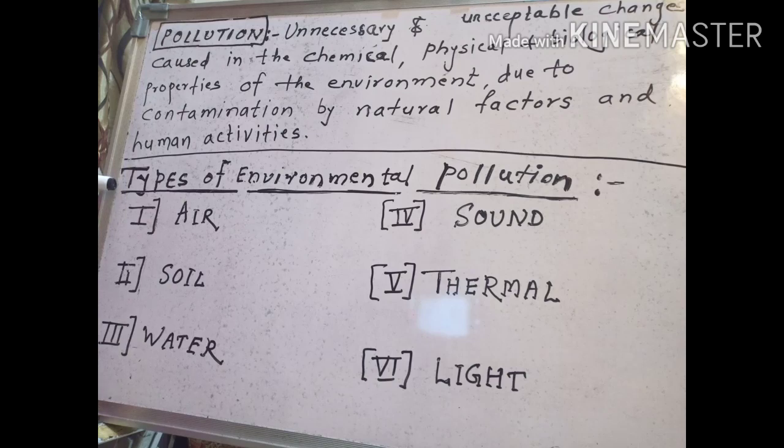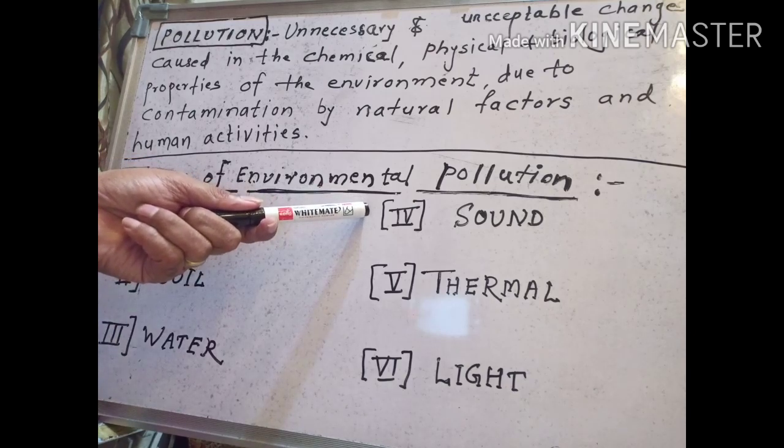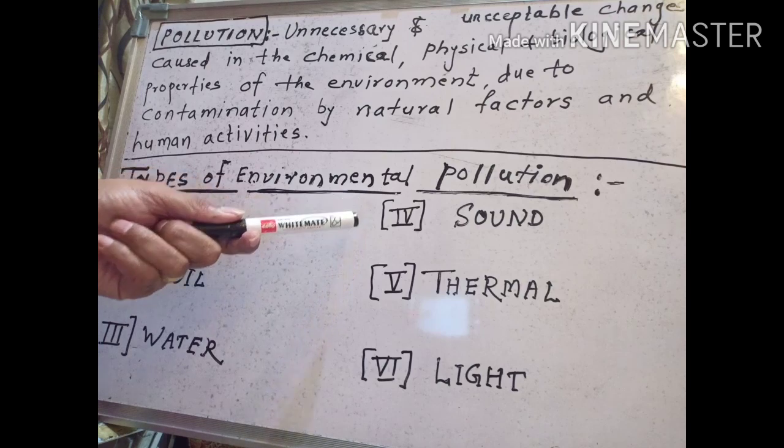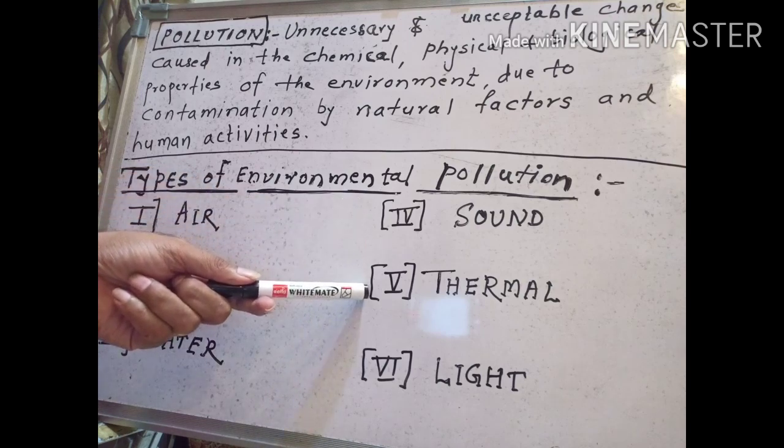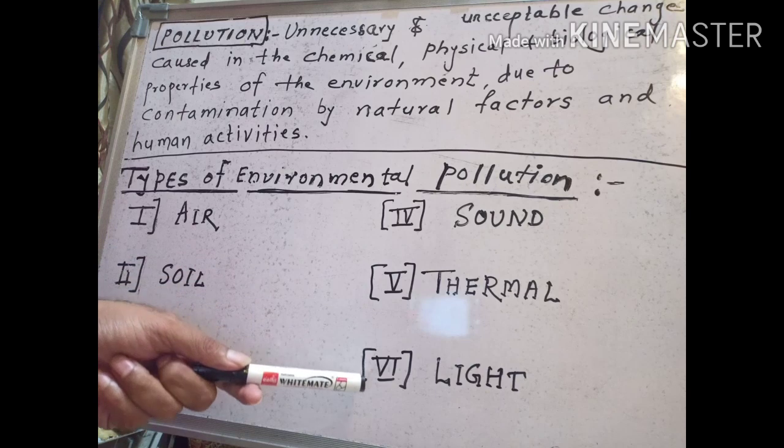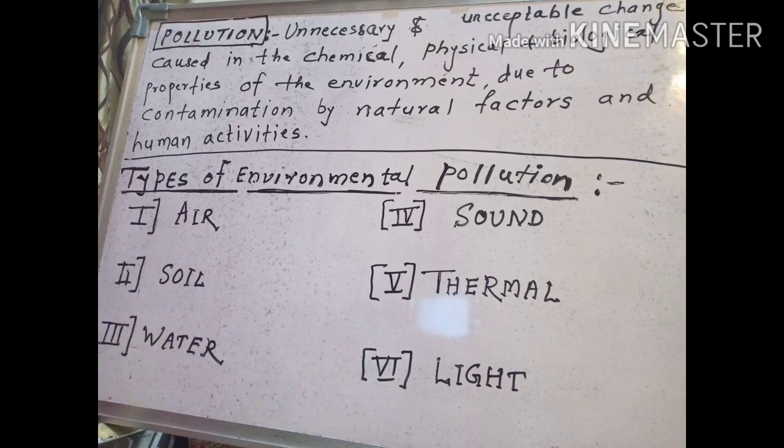Now students, the different types of environmental pollution are air pollution, soil pollution, water pollution, sound pollution, thermal pollution, and light pollution.